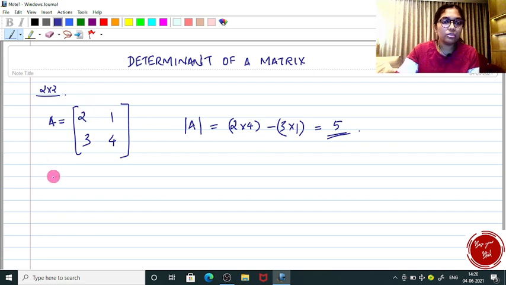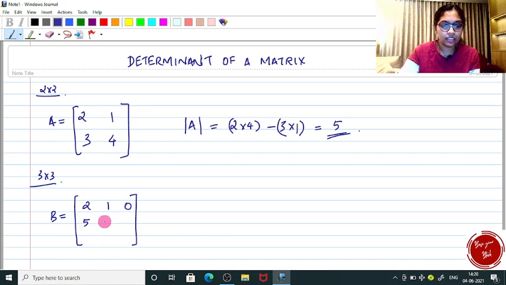Okay. Now moving on to a 3 by 3 matrix. Matrix B is equal to 2, 1, 0, 5, 3, 1, let me make this 6 and 1, minus 1, 4. Okay.